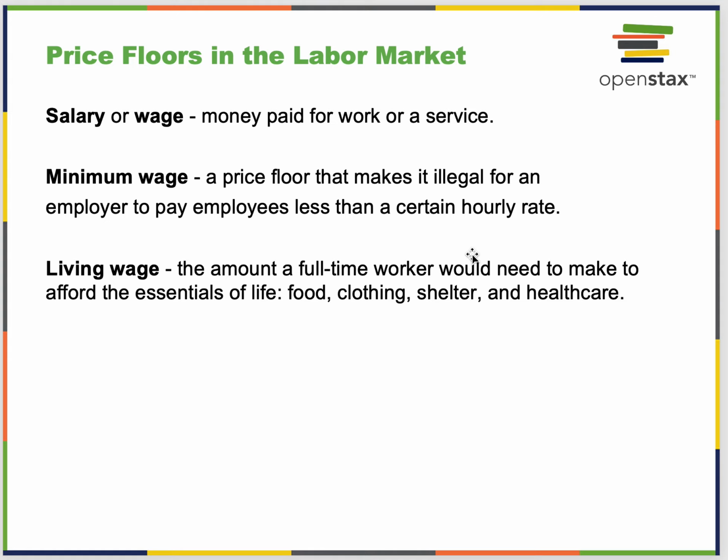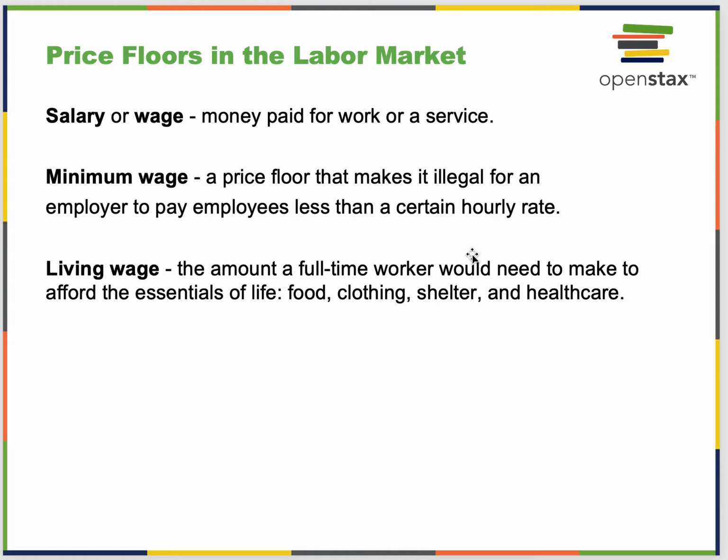So there are such things as price floors in the labor market. A salary or wage is money paid for work or a service. Minimum wage is the price floor that makes it illegal for an employer to pay an employee less than a certain hourly wage.